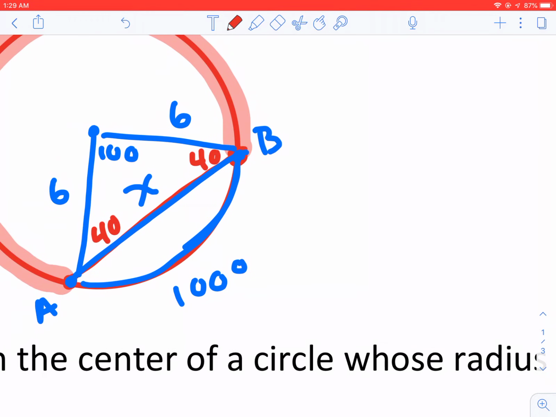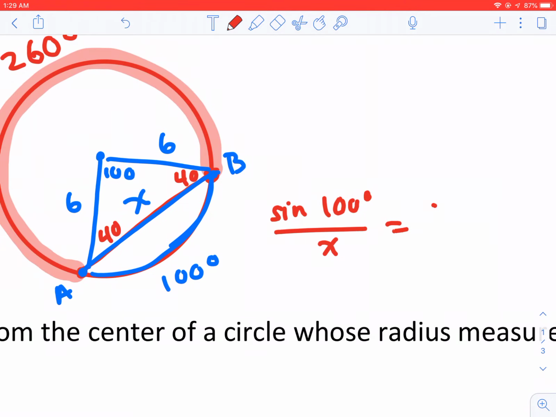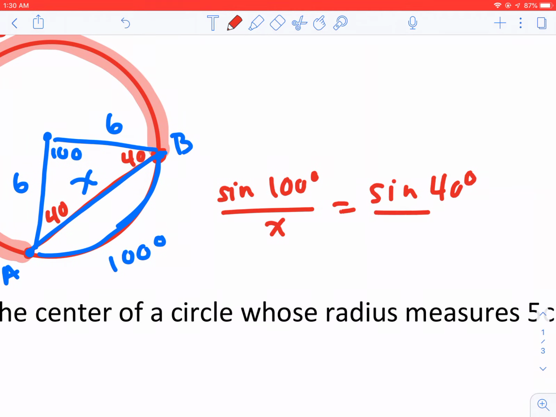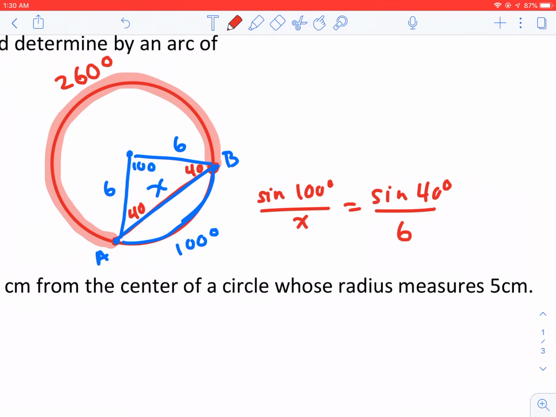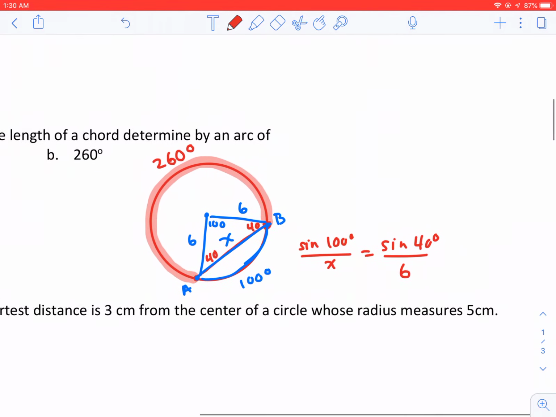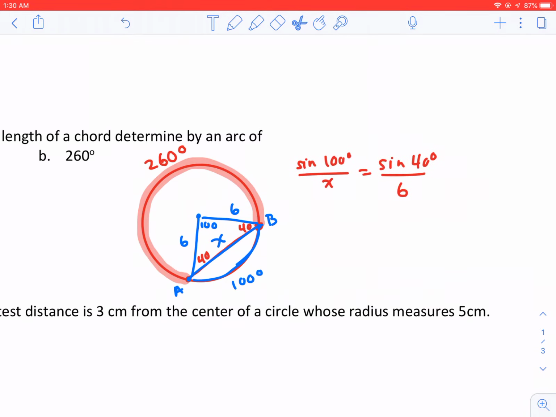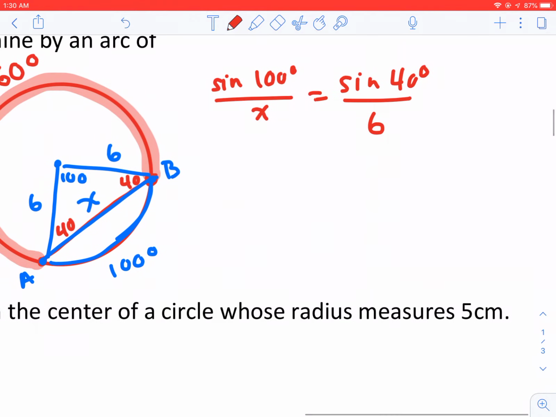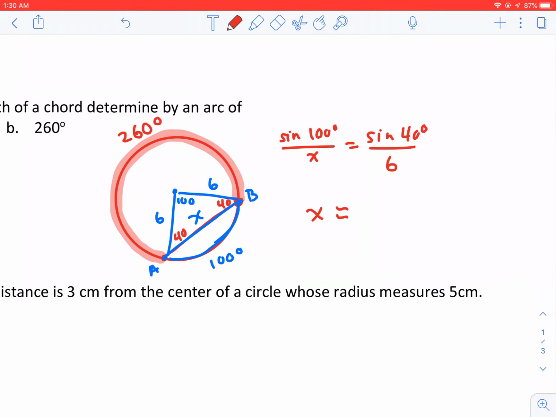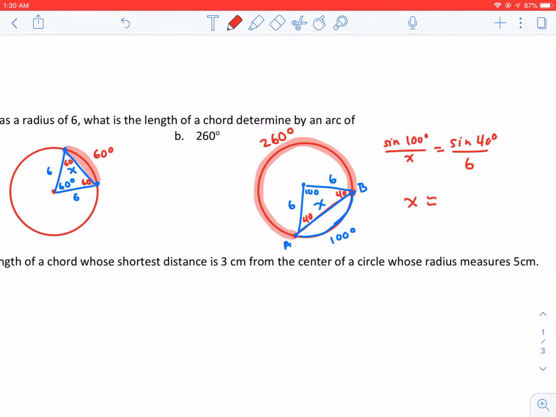We can say that the sine of 100 degrees over x is equal to the sine of 40 degrees over 6, right? And just cross multiply to solve for x. I actually don't have the calculation handy, but that is how you would solve for x here. And again, I'm sorry I didn't tell you what to round to, so just round to the nearest tenth, and I'll have that answer in the posted PDF.